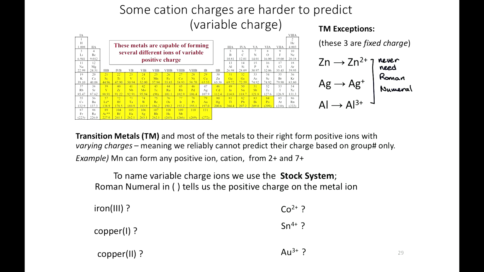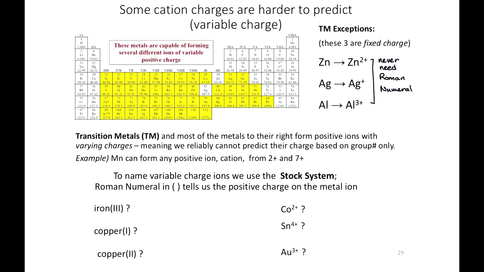So when we write the names of any ionic metals here, we have to tell the reader exactly what the charge is, because those elements in the middle can have variable charge. Like if I say chromium ion, well, chromium can be a +3 or a +6. So I have to clarify to the reader which type of chromium I'm talking about.